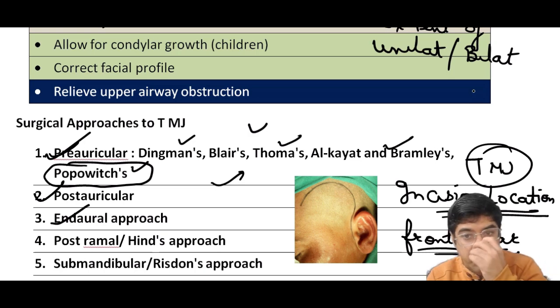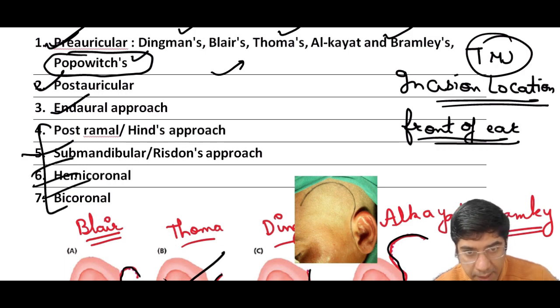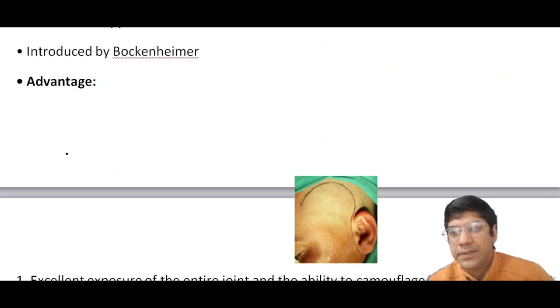First of all, there is reduced incidence of nerve damage. Second, it provides a potential site for harvesting temporalis fascia. There is less bleeding, improved surgical clarity, reduced post-operative issues, and better cosmetic results. So these are the various incisions that can be given to access the TMJ.